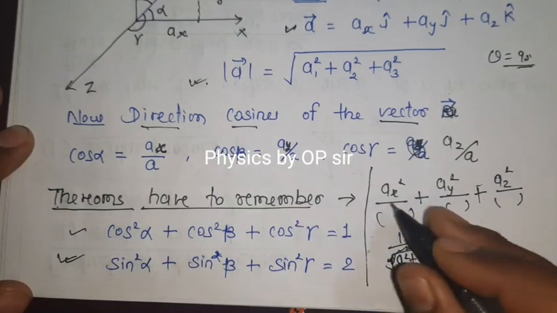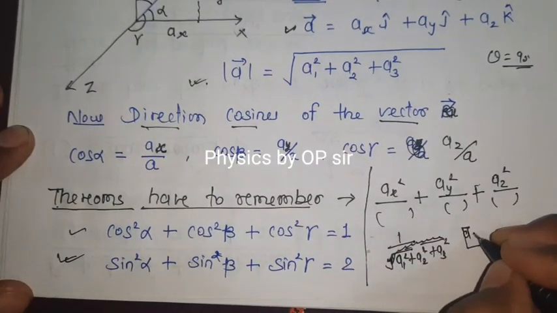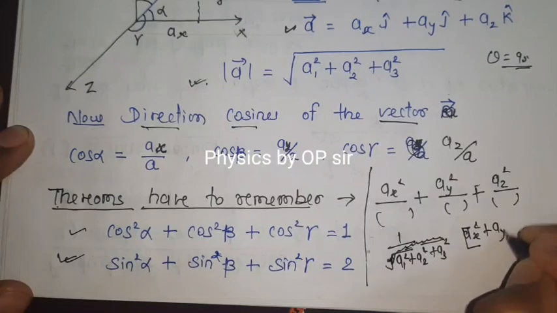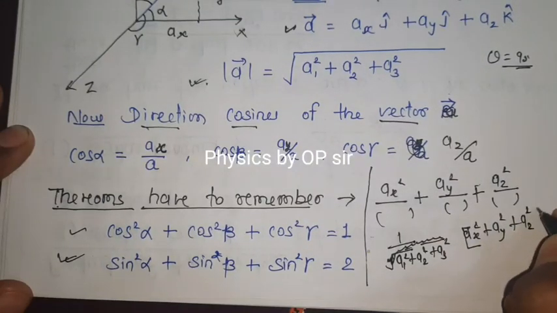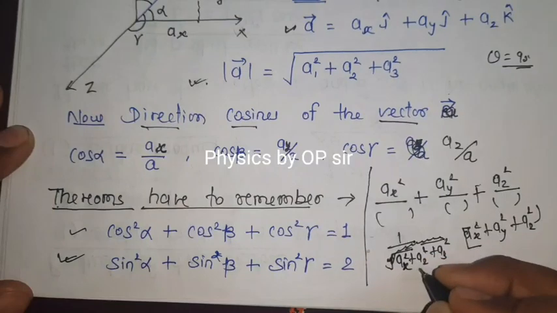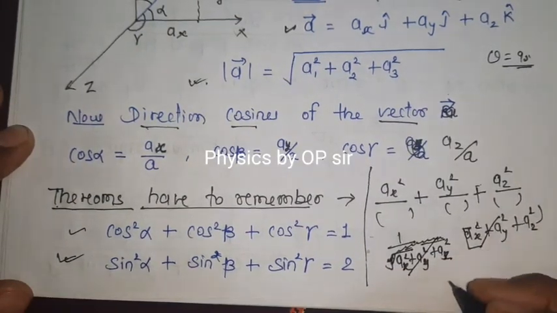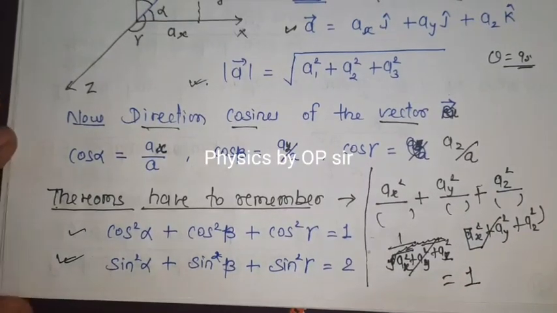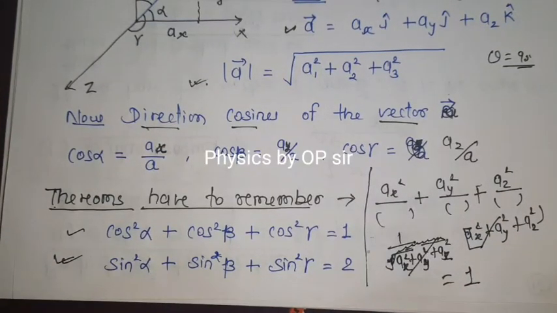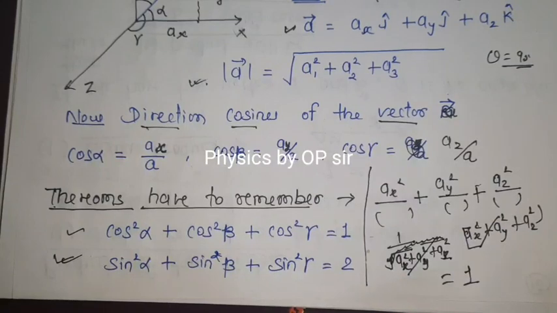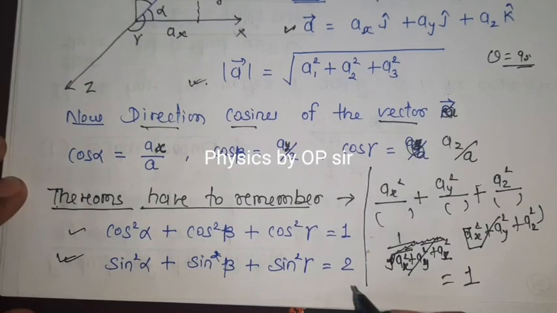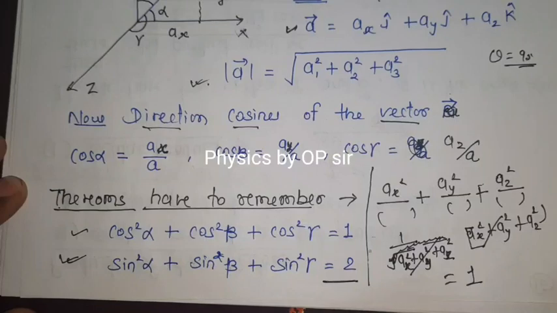Now in the bracket, what are the remaining terms? ax square, ay square plus az square, and this is also ax square, ay square, az square. Then this cancels with this, and your answer comes 1. So we get the value of cos square alpha plus cos square beta plus cos square gamma equal to 1. In the same way, we can find the value of sin square alpha plus sin square beta plus sin square gamma. Then it comes 2. How does it come? Sin square alpha means 1 minus cos square alpha, so we can find it.